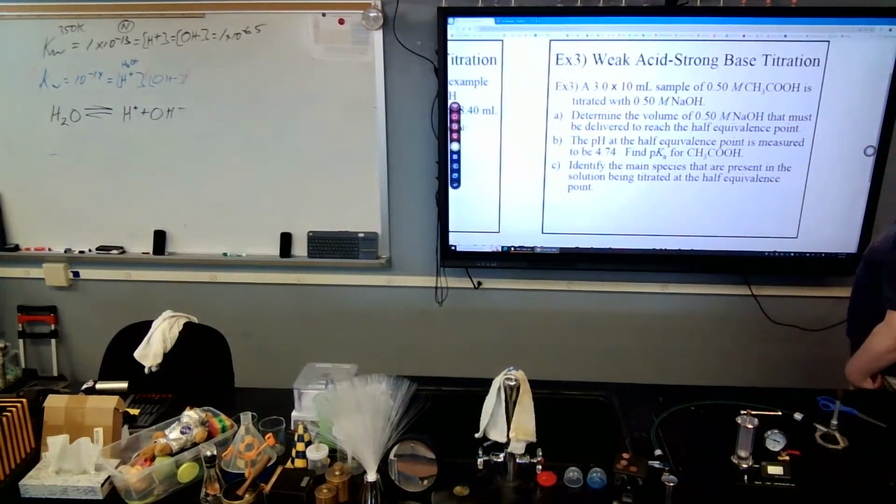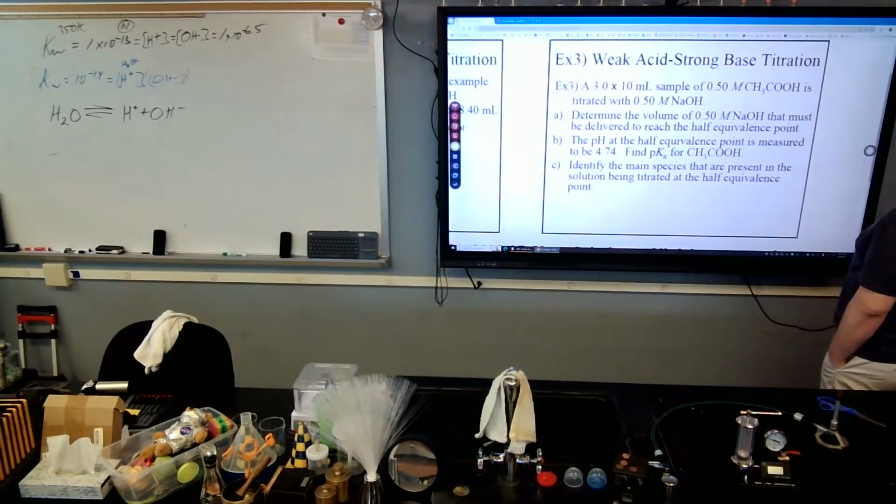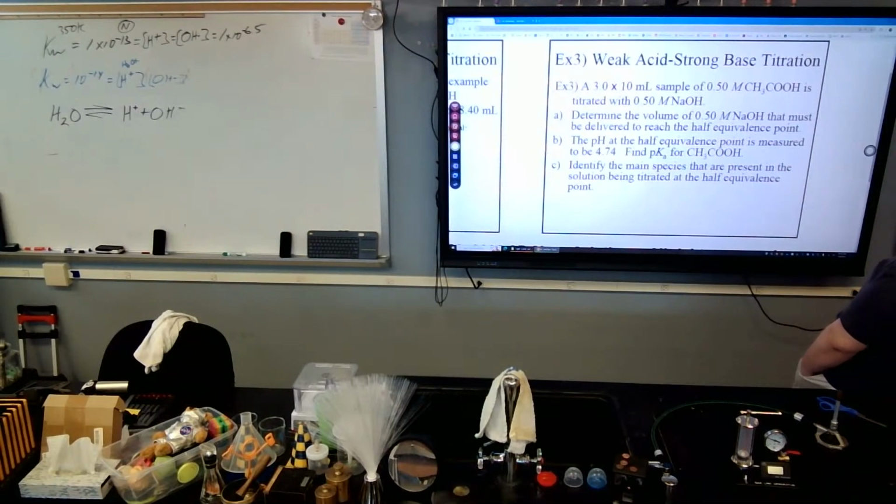That's probably 3.0 molar. Let's just pretend it wants 30 milliliters.